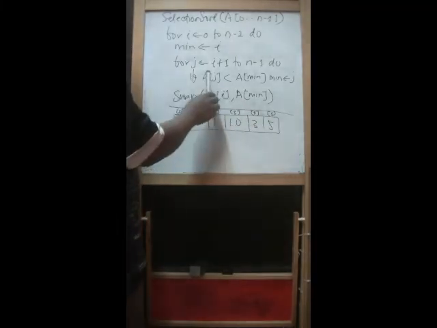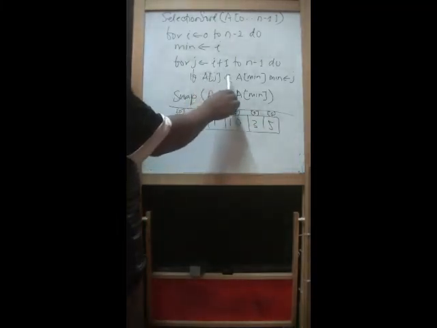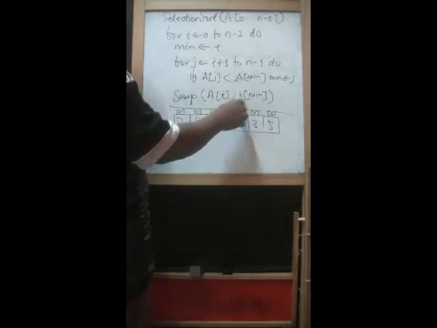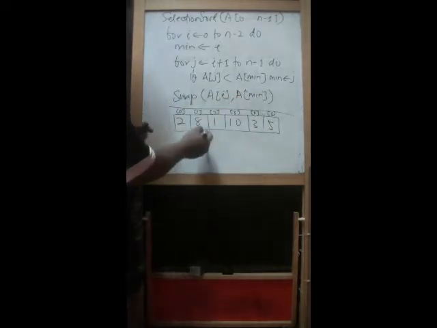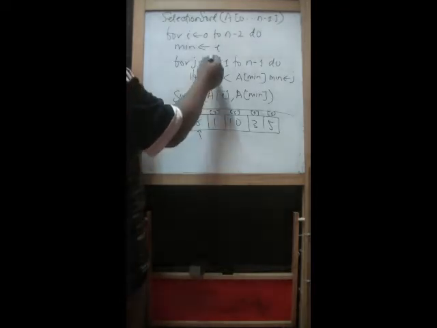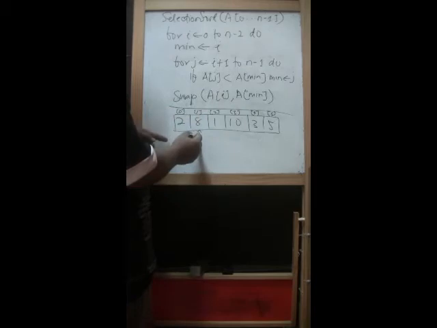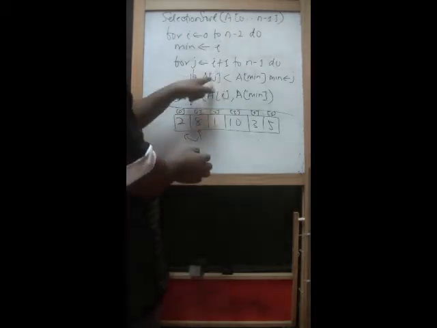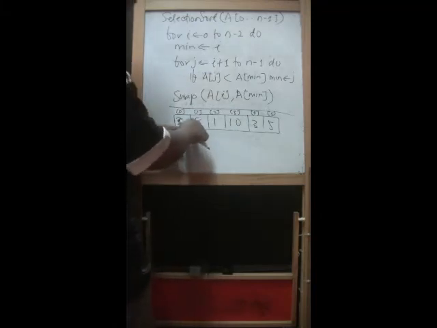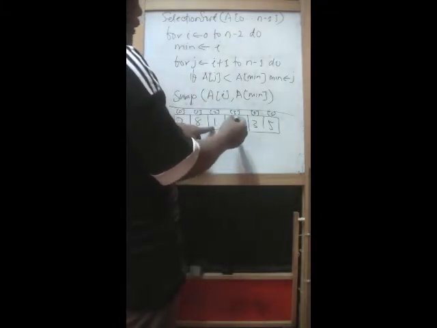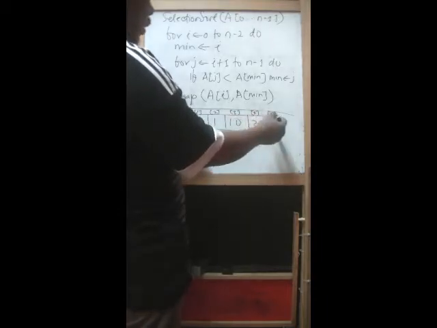Okay, and we compare here: j, if less than the minimum. j starts at i plus 1, so j starts here, and the minimum here is 0. We compare here. If this is less than the minimum, this is actually false and this is true, right? True, and we check again until n minus 1.